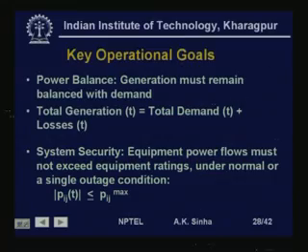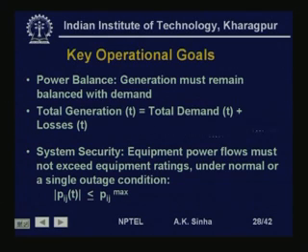And in order to see that this happens, we have to see that all equipment are running within their limits, that is, they are working under normal conditions without violating any limits.